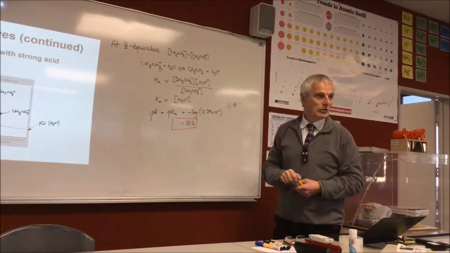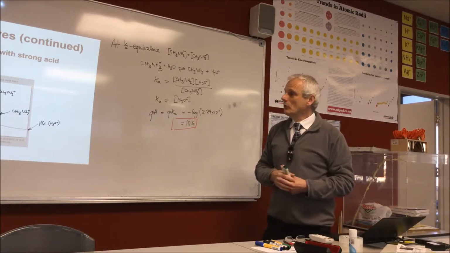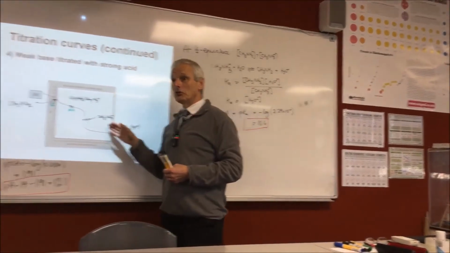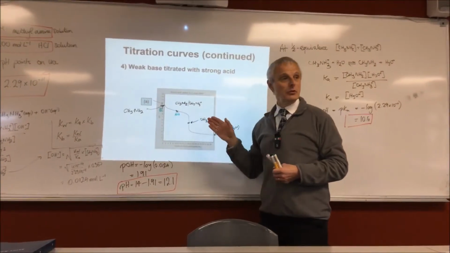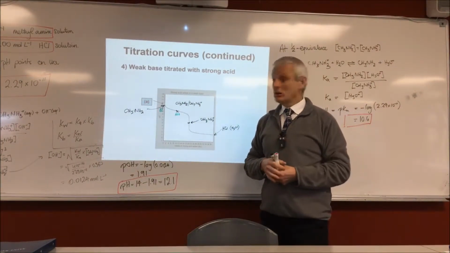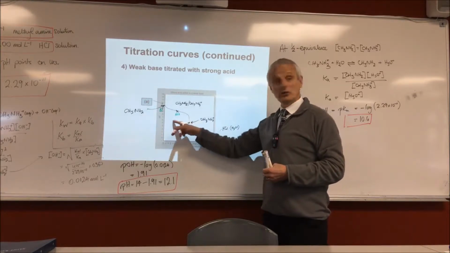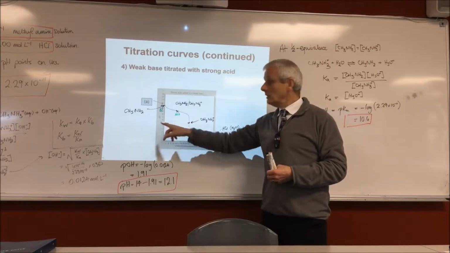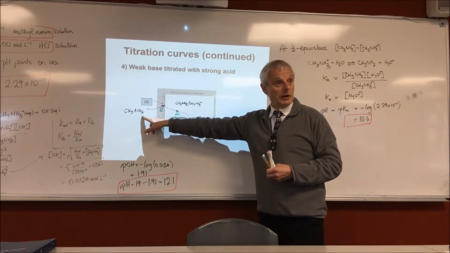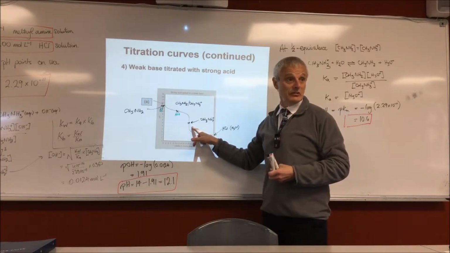And so you use that with the weak acid titrated with strong base. Yes. So, as I say, the most important thing to do to begin with is identify which species are actually in solution, that are giving rise to the pH. So here you've only got the base, here you've only got the acid, in between you've got both. So here you've got to do an expression in terms of the weak base, here you've got to do it in terms of the weak acid, because it's the only thing there.